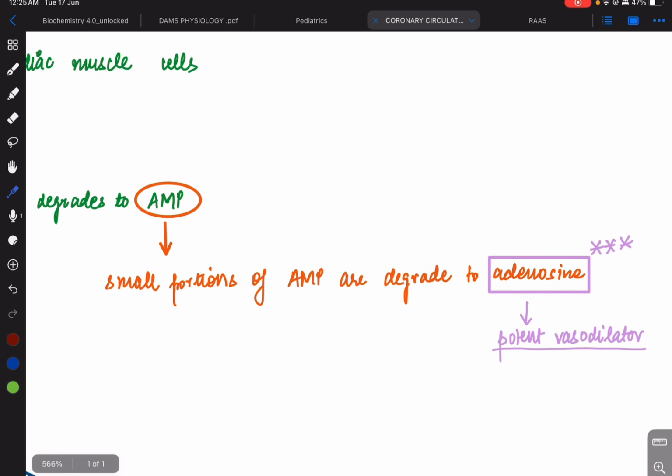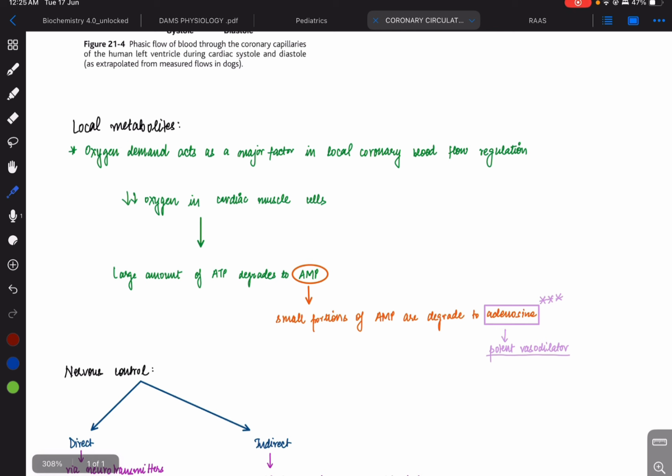Some part of AMP gets degraded into adenosine. Adenosine itself acts as a potent vasodilator and increases the local blood flow. So if oxygen demand increases and there is relative hypoxia in the cells, consequently the local blood flow will increase due to adenosine, right?